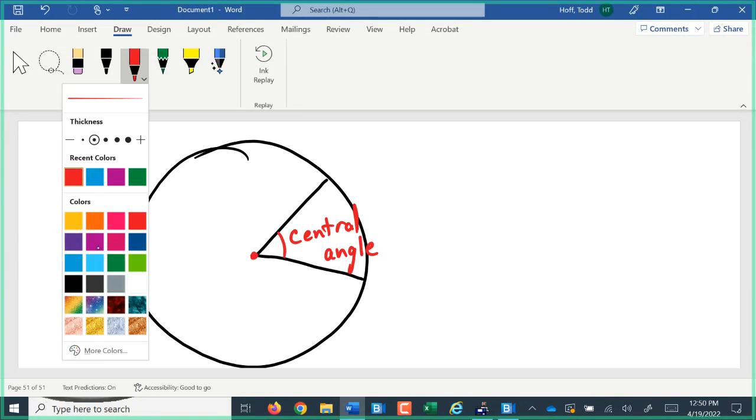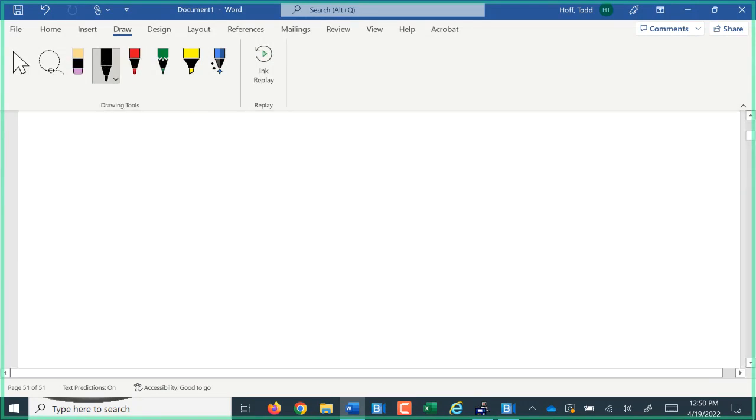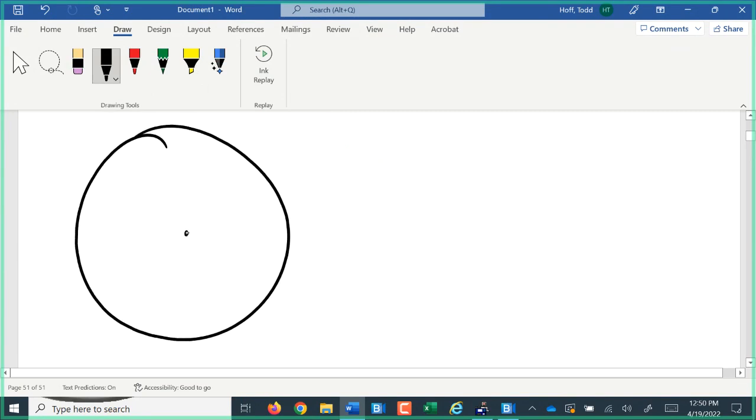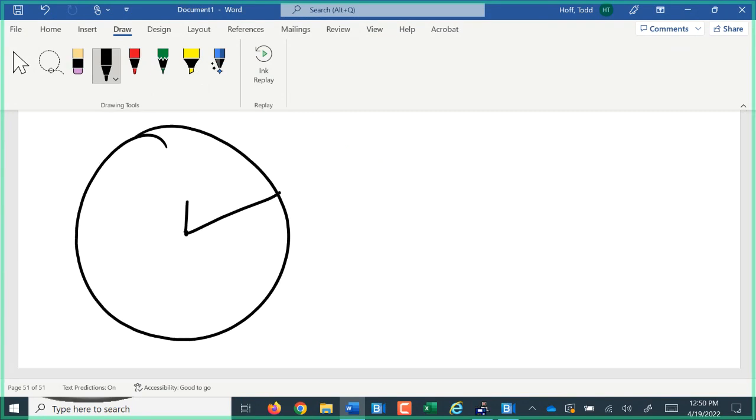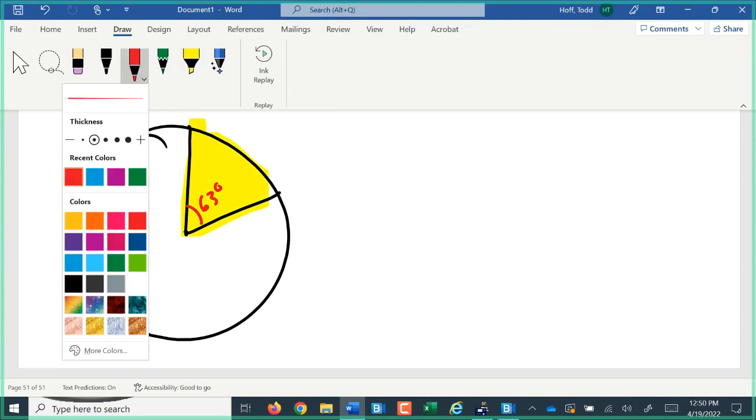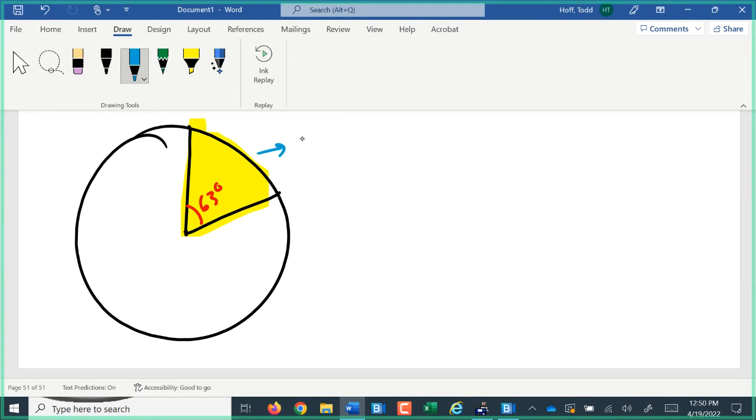Let's do this. I have my central angle, call this 63 degrees. This pie wedge here is called a sector of a circle.